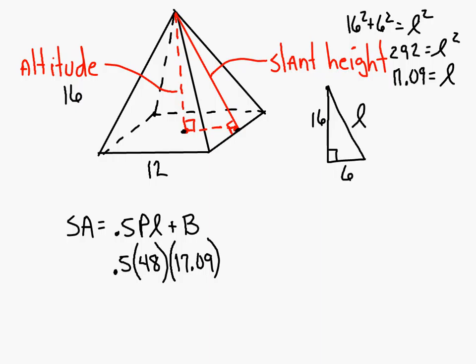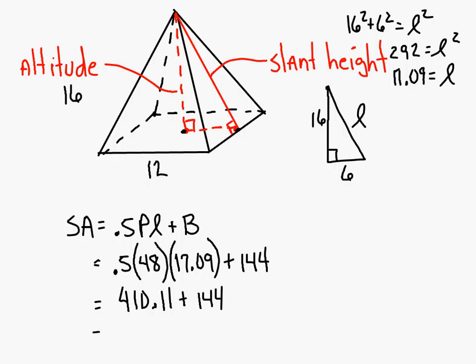All right, so 0.5 times the perimeter of the base times the slant height plus the area of the base. 144, good. So the rest of it, just do it in the calculator. The 17.09, that's the last thing you did. It's sitting in your calculator, so push times 48 times 0.5 equals, and you get 410.11, plus your 144.